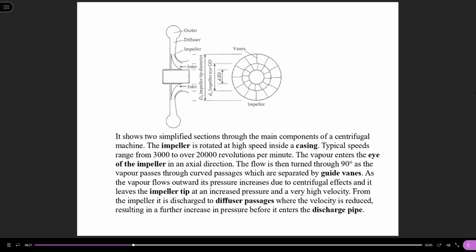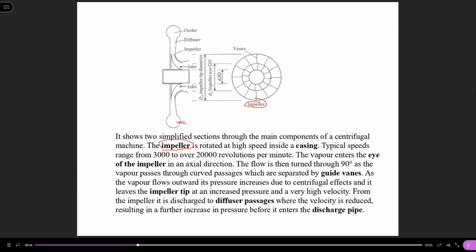The main component includes the impeller. This is the impeller here. The impeller is rotated at high speed inside a casing. Okay, this is the casing.